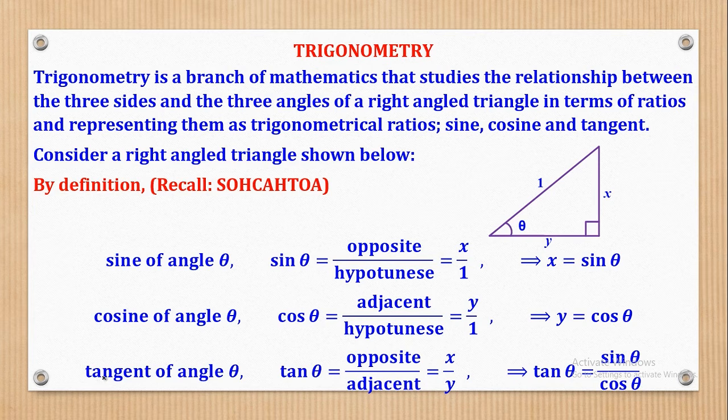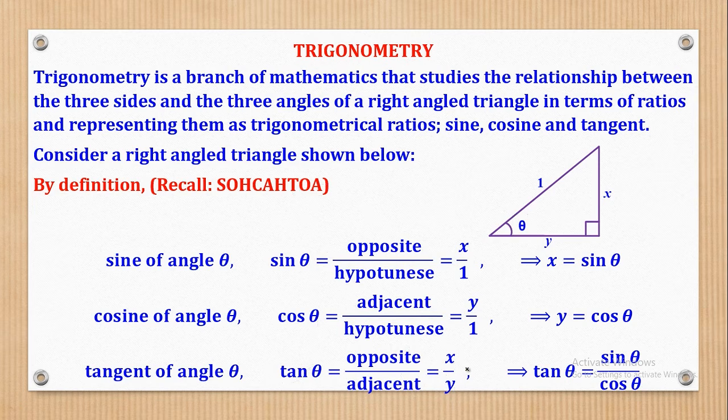Next we shall go to the TOA. TOA means that tan of an angle is equal to opposite over adjacent. If you look at this theta, the opposite is x and the adjacent is y. Therefore, tan theta will be equal to x over y.